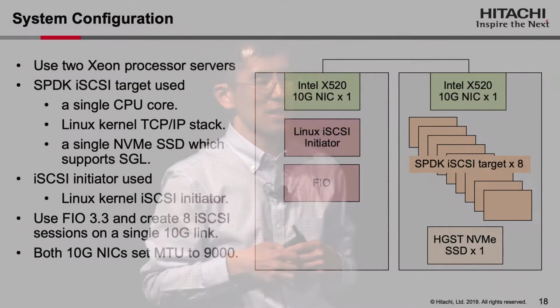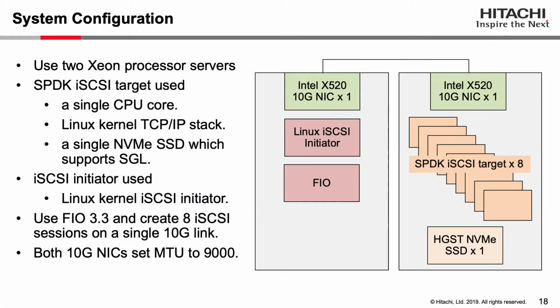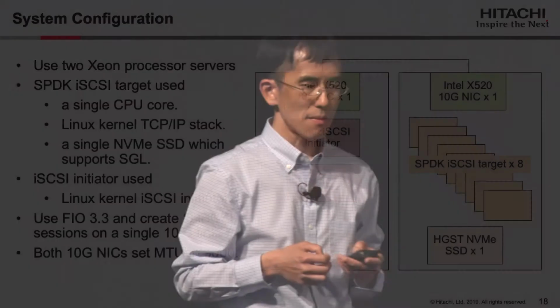On the other hand, the iSCSI initiator side used the Linux kernel-based initiator. And as the benchmark, I used FIO and created 8 iSCSI sessions on a single link to saturate the connection.